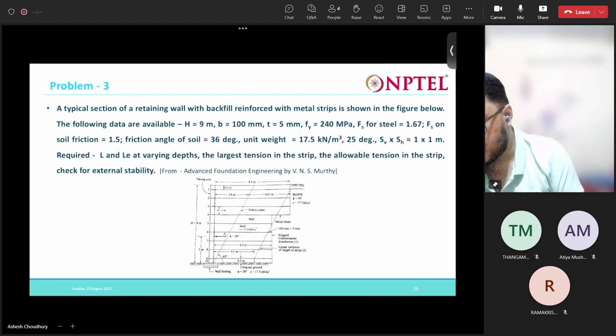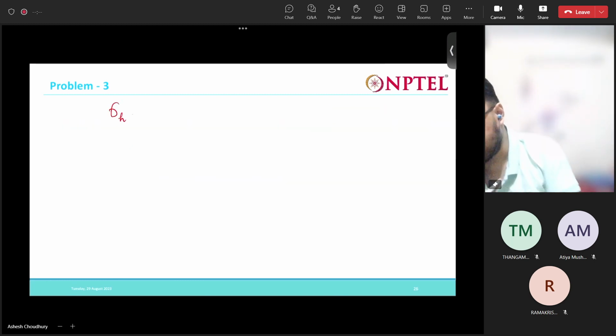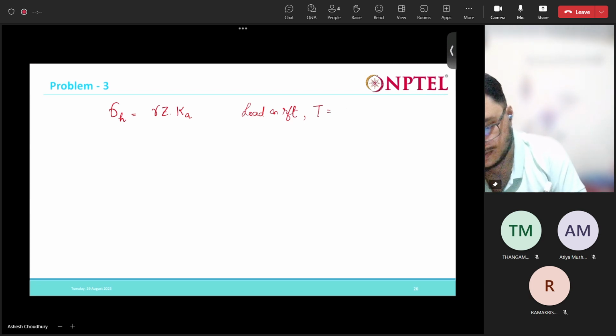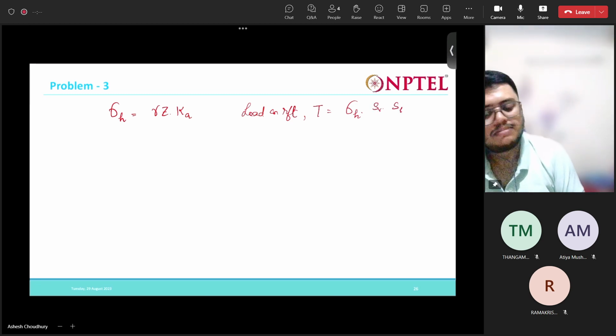Now, what is the horizontal pressure that is coming? Sigma z into K, right? This is the horizontal pressure. There is no Q. The load coming on the reinforcement is nothing but gamma h times SV into SH.